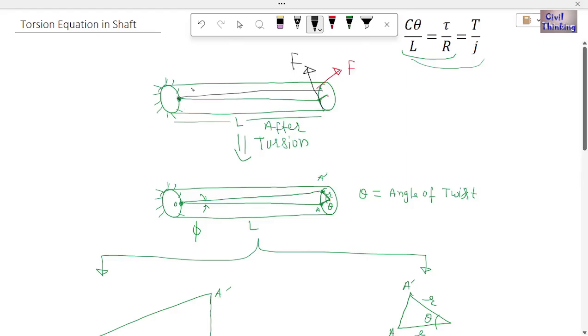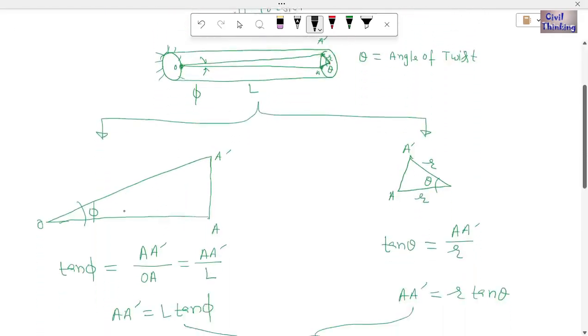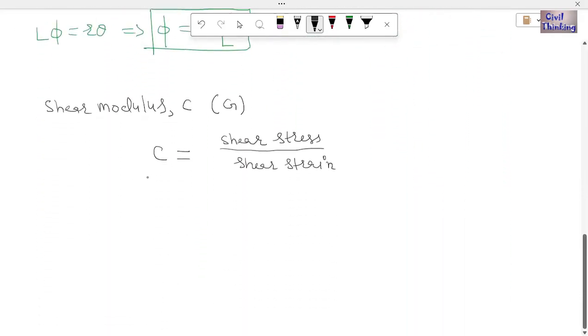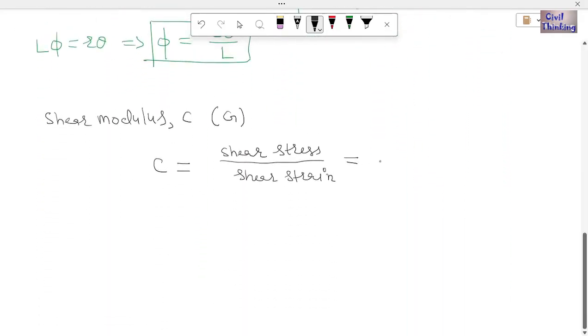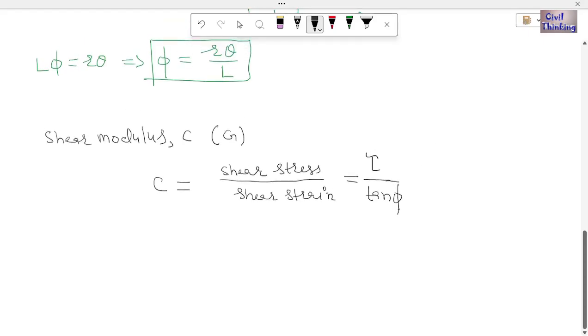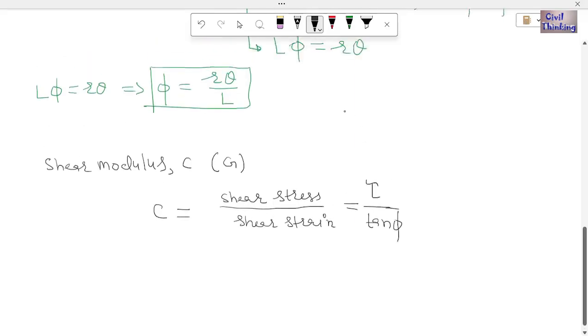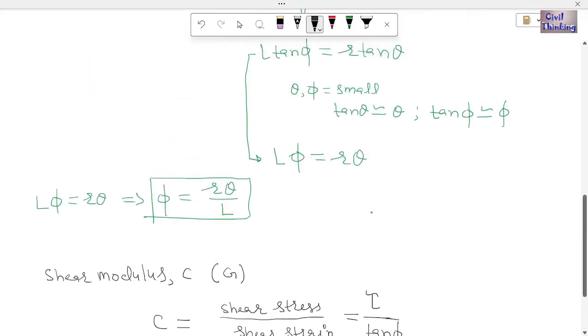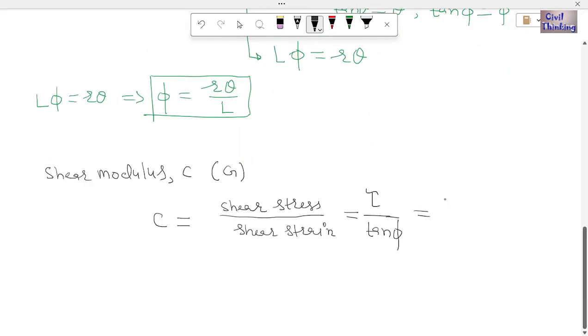So the tangent of this is going to be shear strain. Let us denote the shear stress with tau, divided by shear strain, which is tan phi. I have told you that phi is a very small angle and we can approximate tan phi to be equal to phi. So it is equal to tau divided by phi.